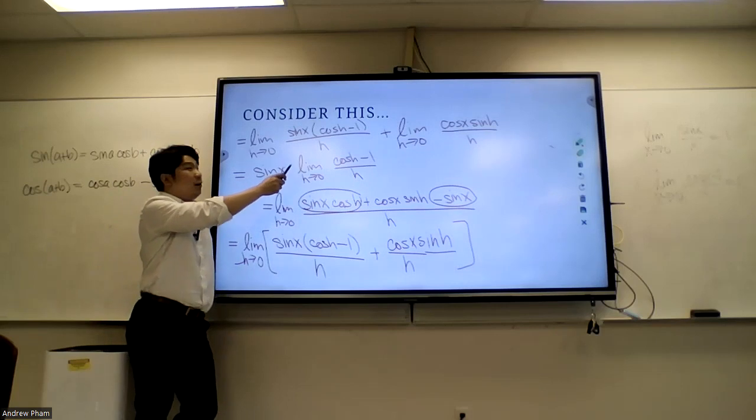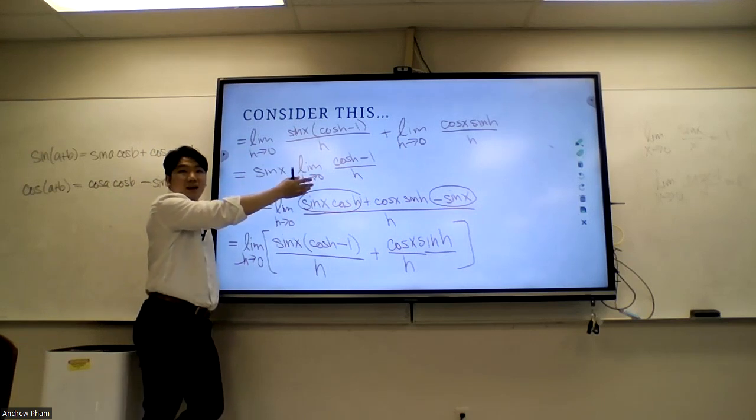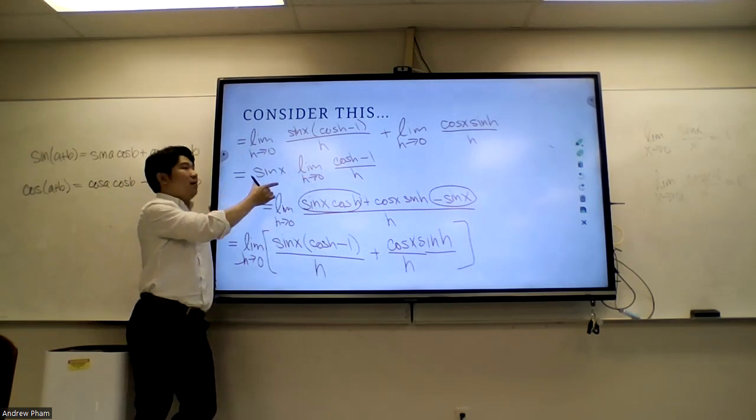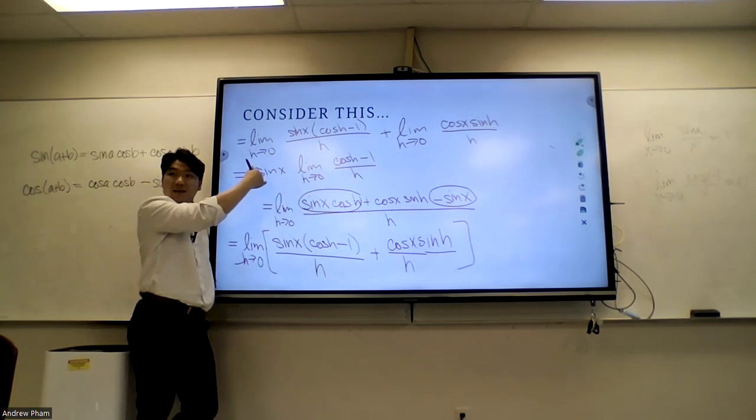What is this limit? What are we plugging in for usually? H's. Does this sine of x have anything to do with an h? Because that sine of x has nothing to do with an h, we're allowed to move it around to the front. It's kind of like if there was a 3 on the inside, we can take the 3 out. Because the sine of x has nothing to do with h at all, I'm allowed to take it out.